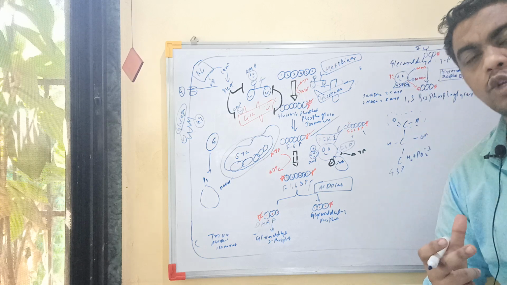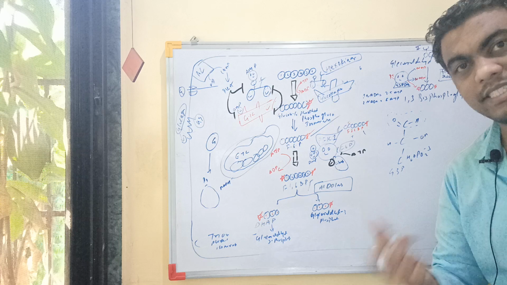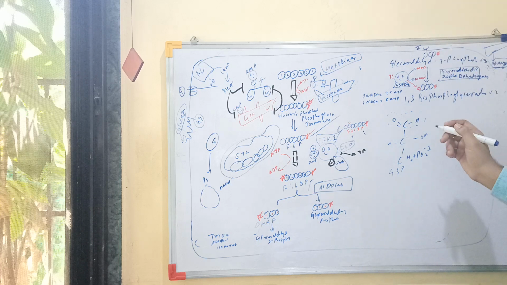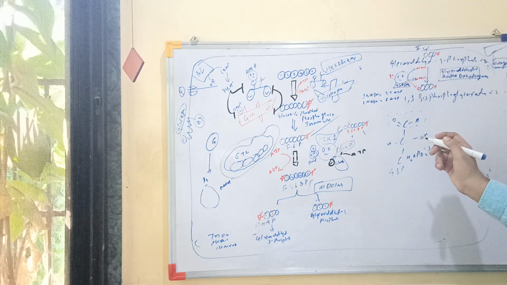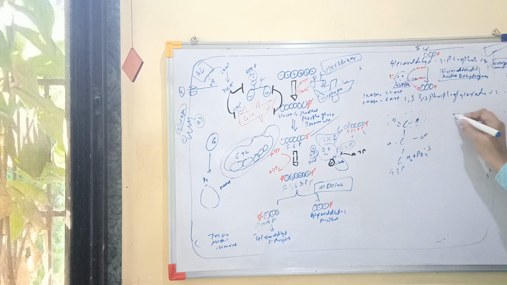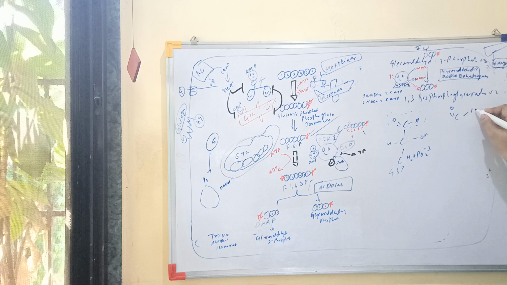Now this aldehyde group will be converted into an acidic group. Now let's see what is our acidic group. We all know what is acidic group over here. And here there will be one more phosphate attached.